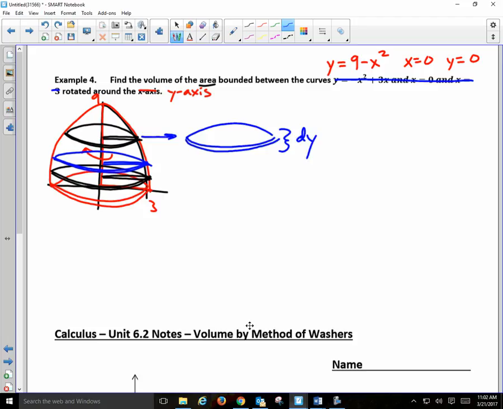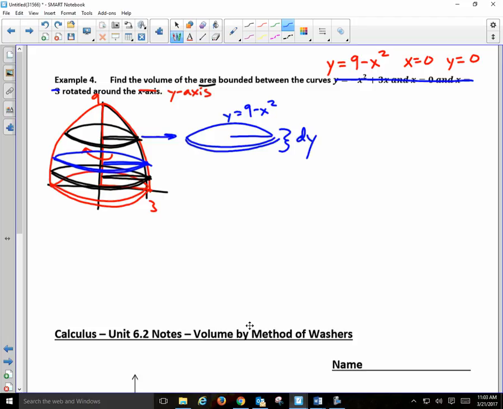Therefore, my radius must be in terms of y and not in terms of x. But as you notice right now, the distance looks like it rests against the function, which is 9 minus x squared. So I have to solve for it in terms of y.